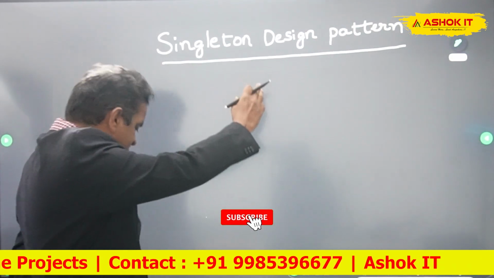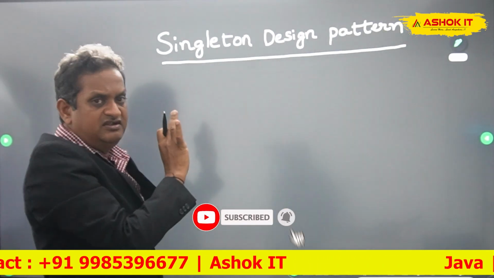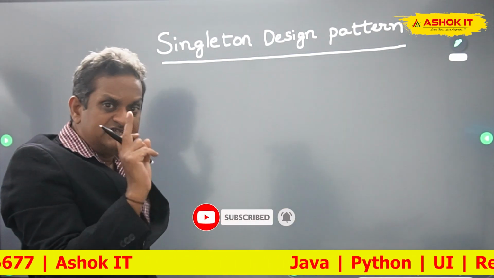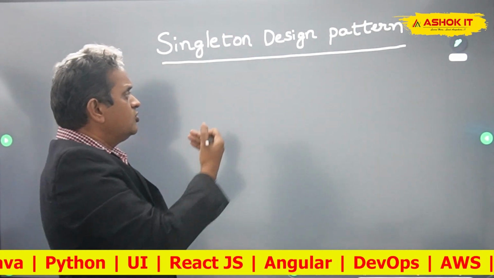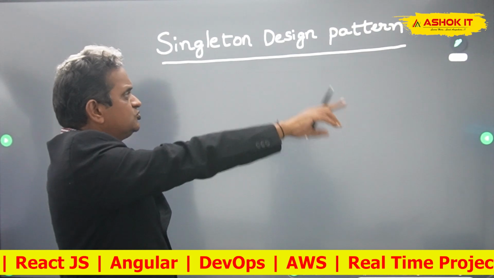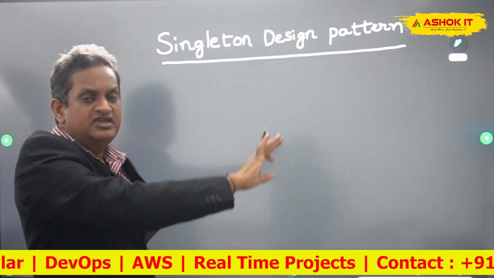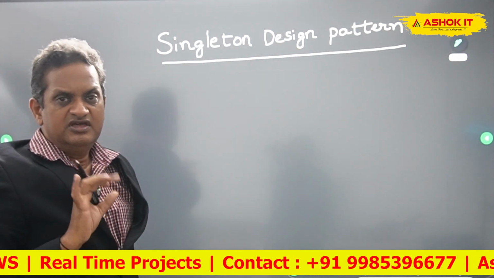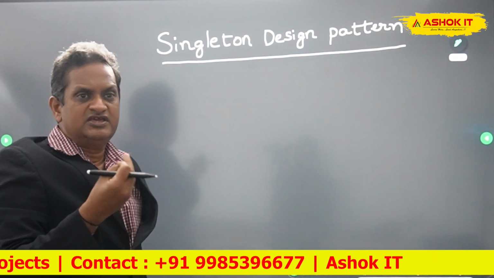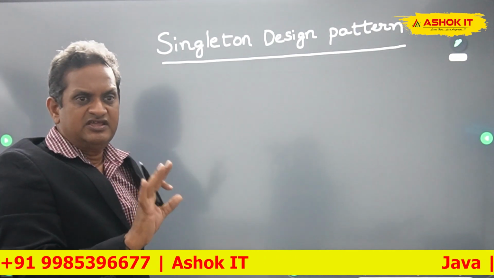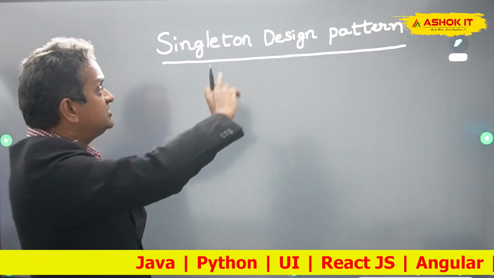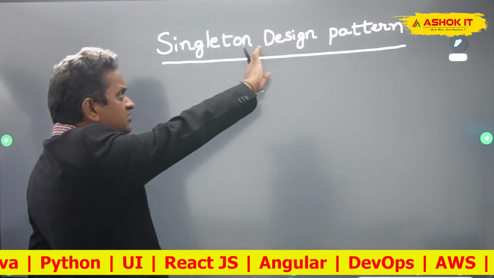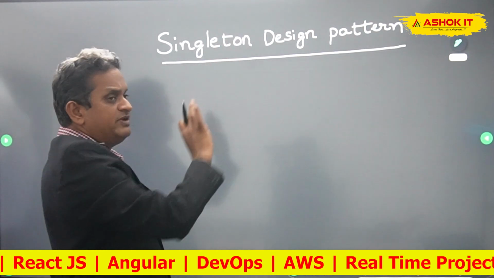The class should be designed in such a way that only one instance can be created, and give global access to that single instance in the entire project. That single instance will do a particular activity in the entire project. So that is the common solution of the design pattern.